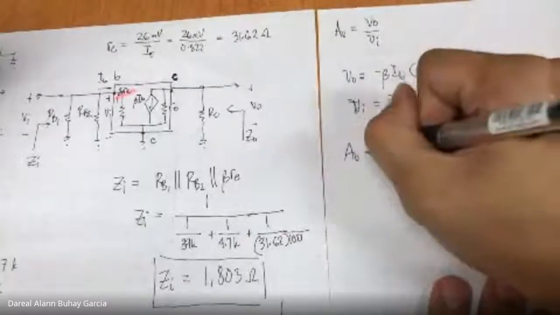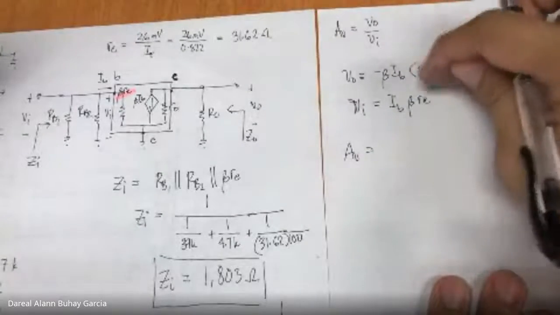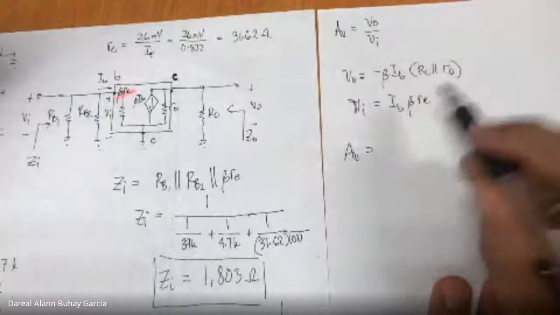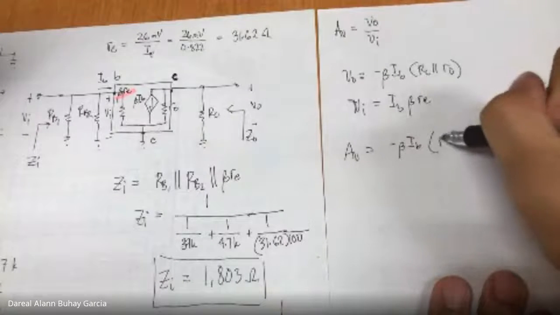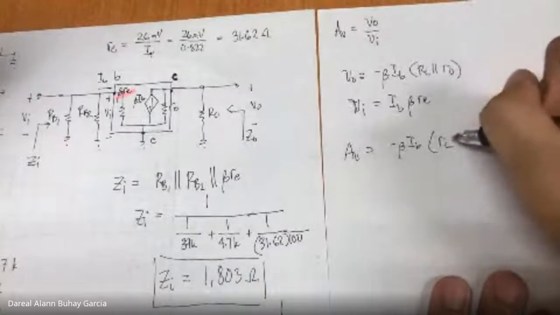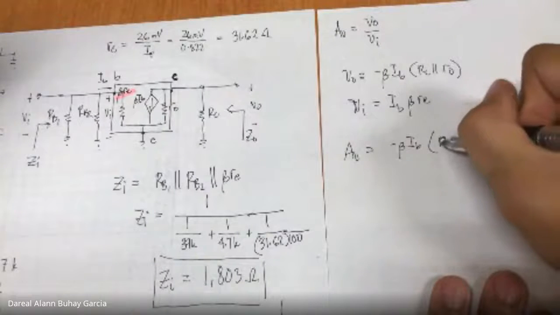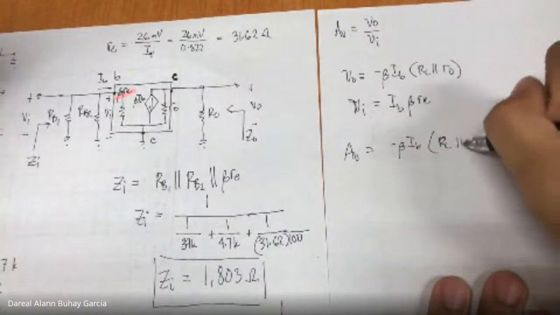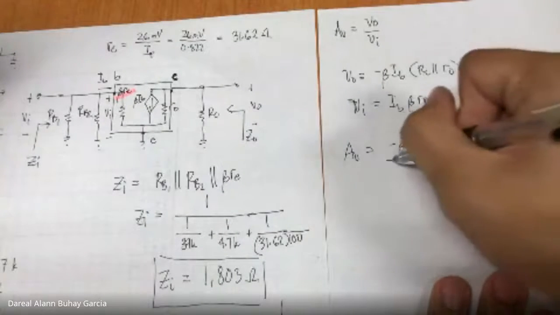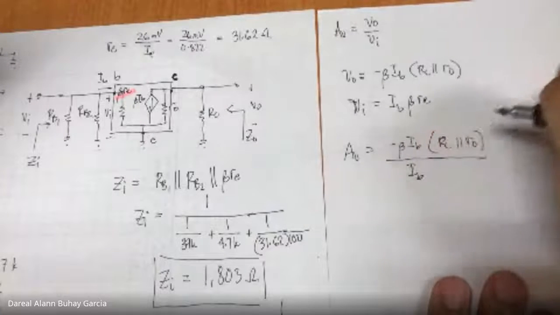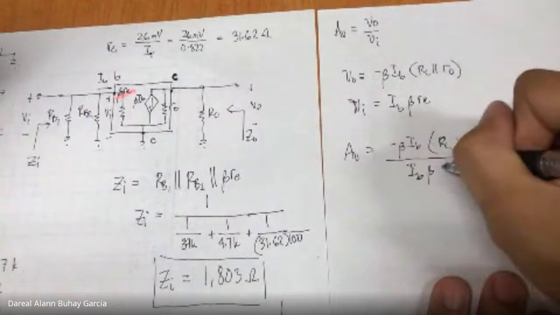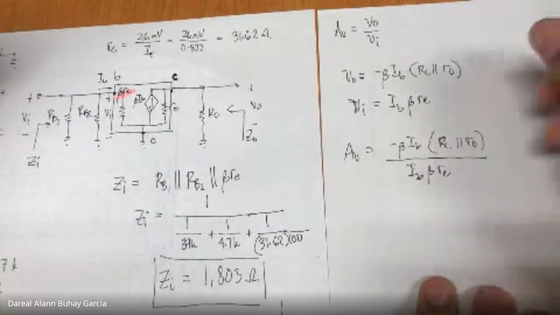Therefore, voltage gain is equal to this divided by that. Negative beta IB RC parallel RO divided by IB beta RE.